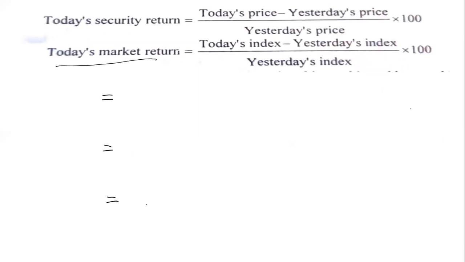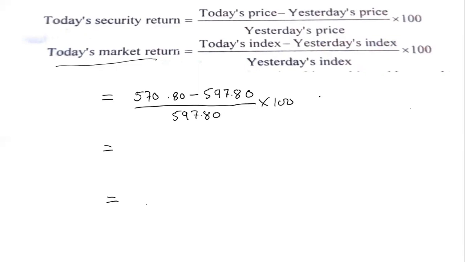So today's price is 570.80 minus 597.80, divided by 597.80, into 100.